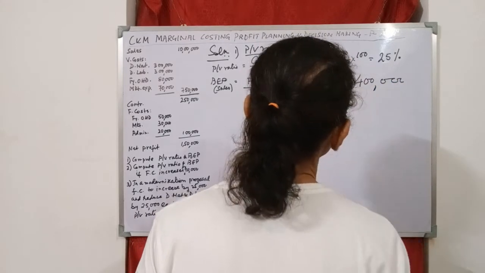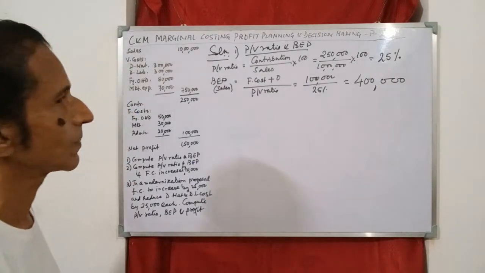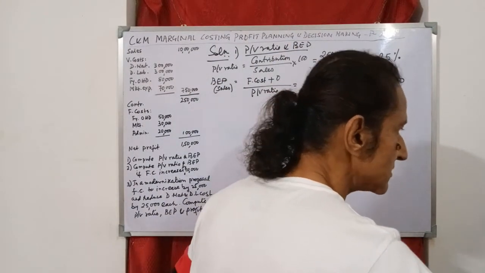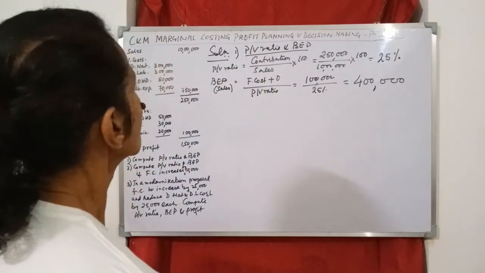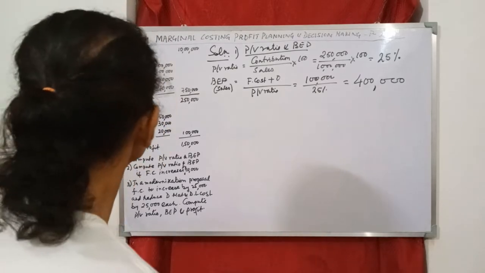So the BEP sales of the firm is 400,000. That means by selling 400,000, the firm will be just able to cover the total cost. The firm is not earning any profit nor incurring any loss also.